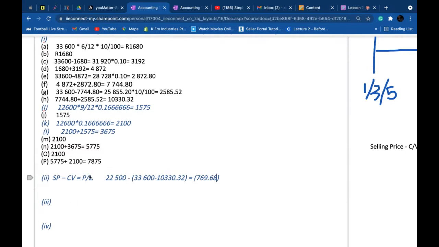Cool. So then we have to do the same thing, but now just for that other asset. I'm going to copy that formula and paste it right there. What was the selling price for the second asset? 5,000. And what was the carrying value?